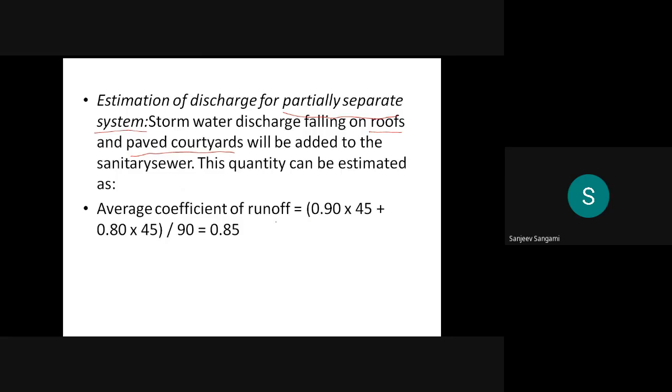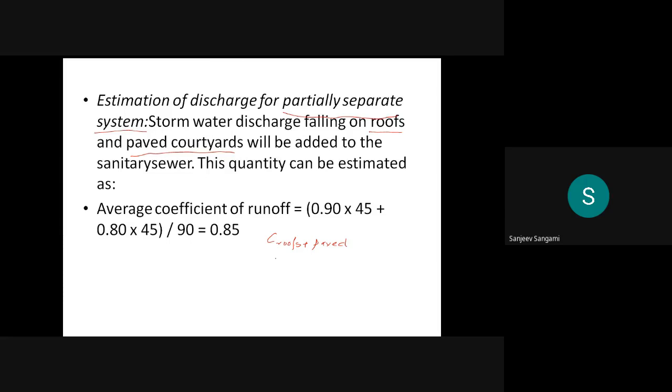First you have to separate, we calculate the C value for this, because previously C was the average of all the areas, but now here we have to take C of roofs plus paved.